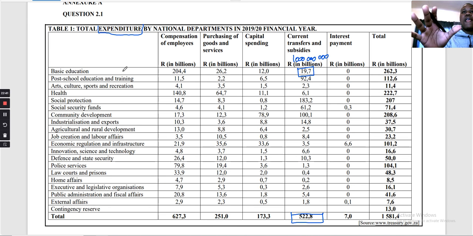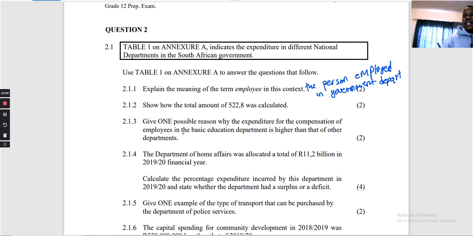You understand? So the reason why they have the highest compensation there is because basic education has many employees. So our reason is that basic education has more employees.